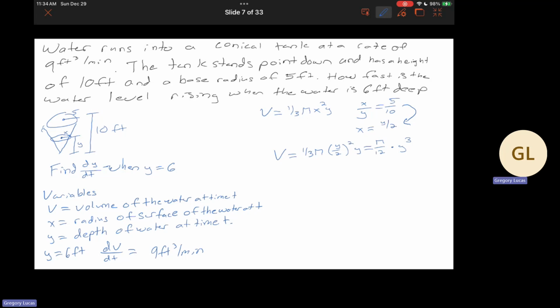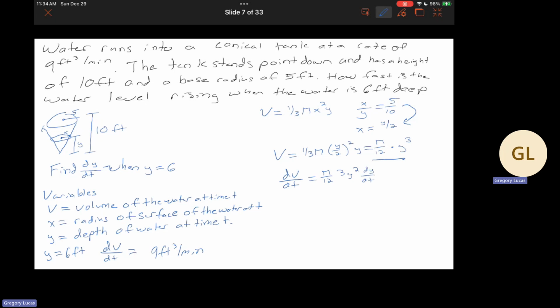Okay, so now let's find dV/dt. We're using what we got here. If we have dV/dt, this would be pi over 12. We can ignore the constant. 3y squared, but then we also have to multiply by dy/dt. We were calling it y prime last class.